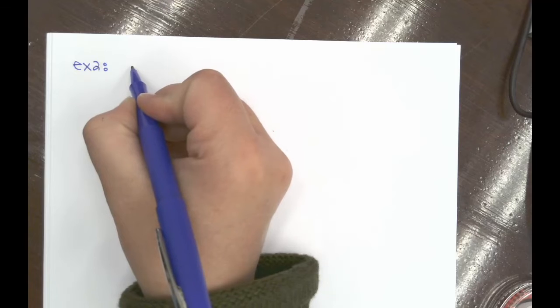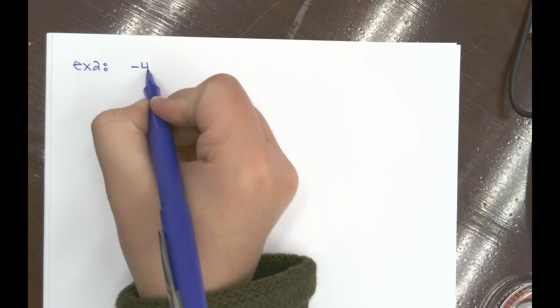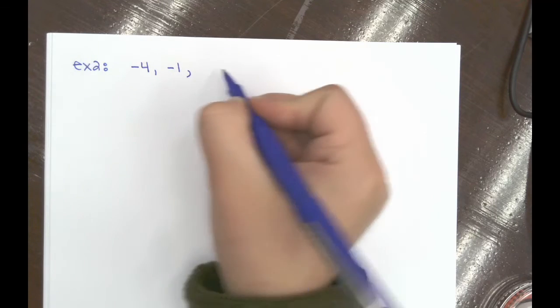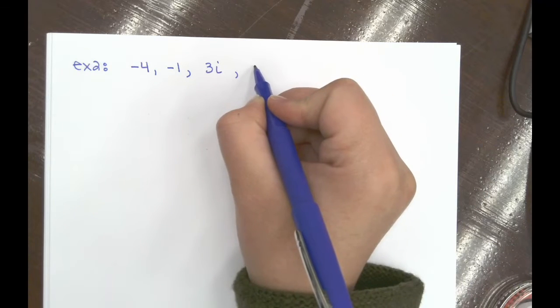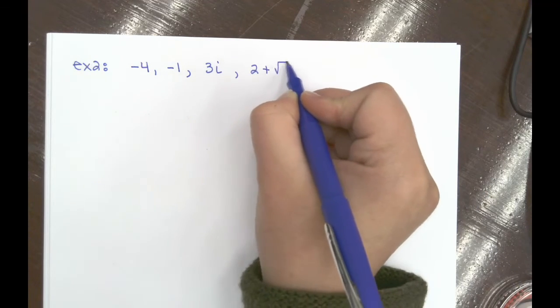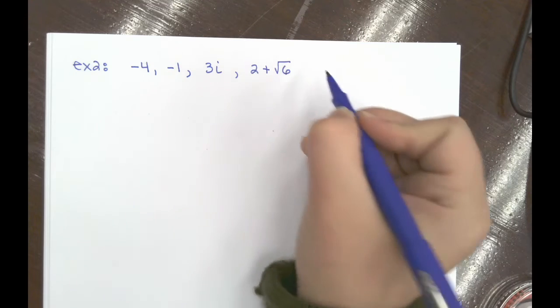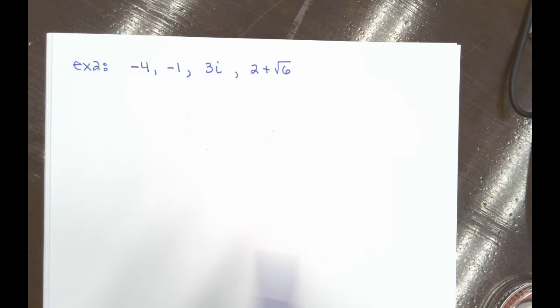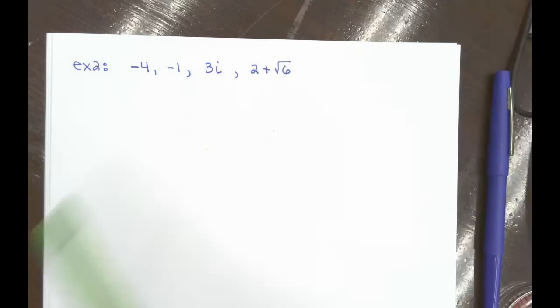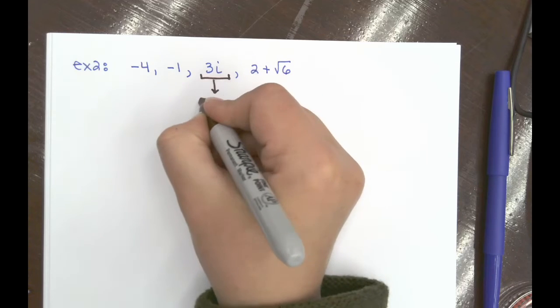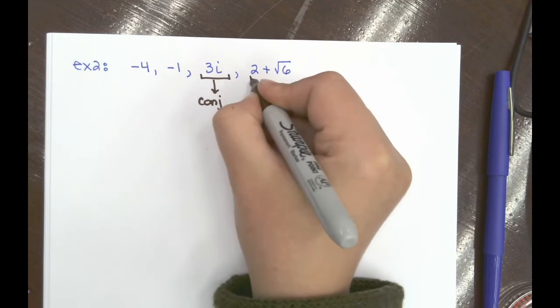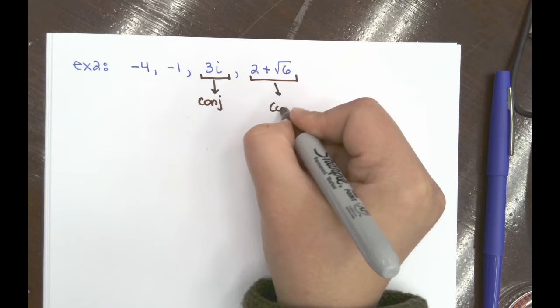So here are our zeros. We got a -4, a -1, a 3i, and a 2 plus root 6. First thing I need you to do is identify your imaginaries and your square roots. So we have an i that has a conjugate, and we have something with a square root that has a conjugate.